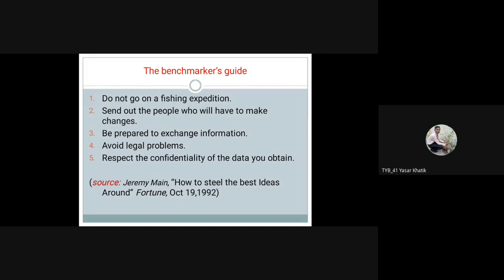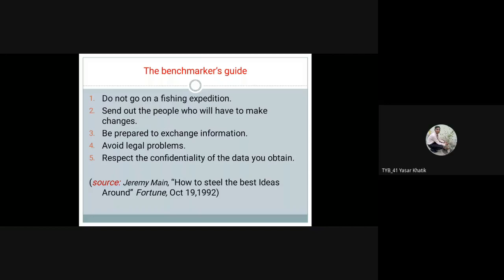Otherwise some people send that confidential data of the organization to another organization for their personal benefits. Okay, so don't do such bad things in any organization. You have to be loyal to that organization, you have to respect that data.